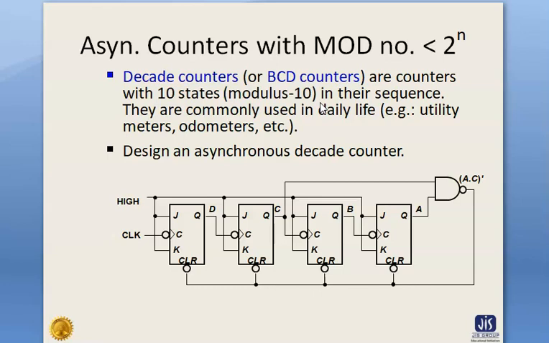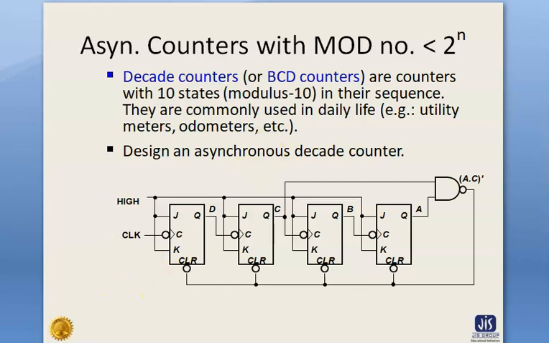Counters with 10 states in their sequence are called decade counters. A counter with a count sequence of 0, that is 0 0 0 0, through 9, that is 1 0 0 1, is also called a BCD counter, because it has 10 states and the sequence is the BCD code.